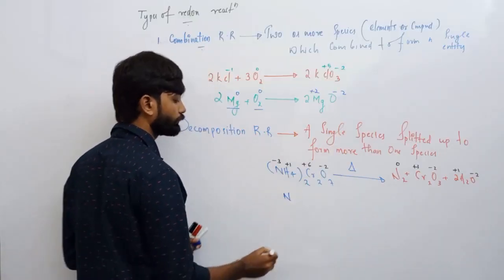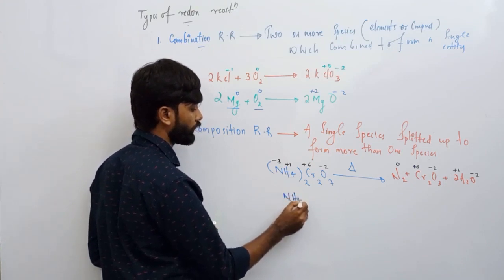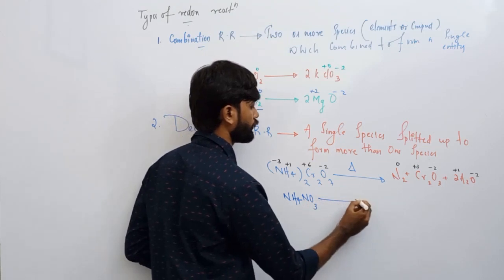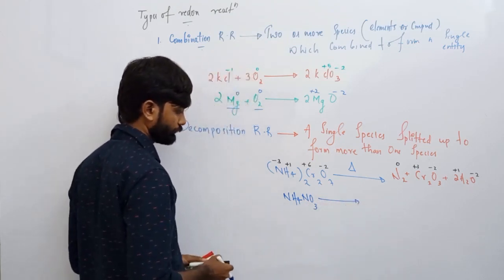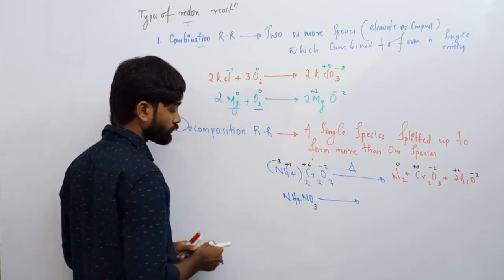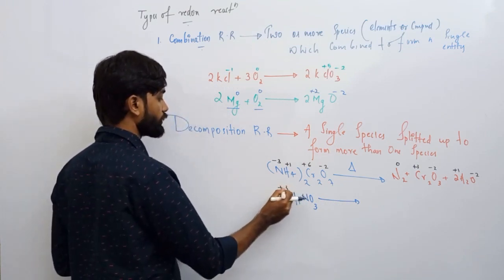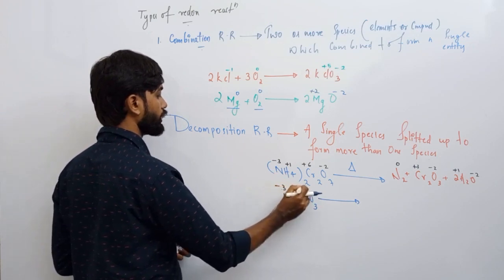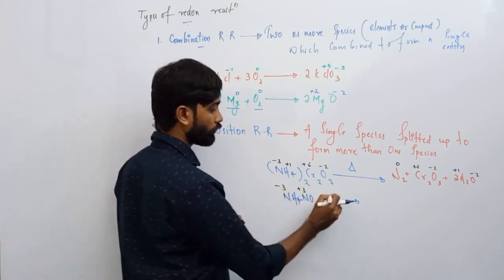Moving to the next example: ammonium nitrate. The decomposition of ammonium nitrate, NH4NO3. Listen here. One of the nitrogens is in -3 and the other is in +3.